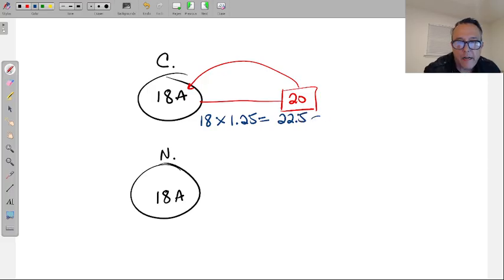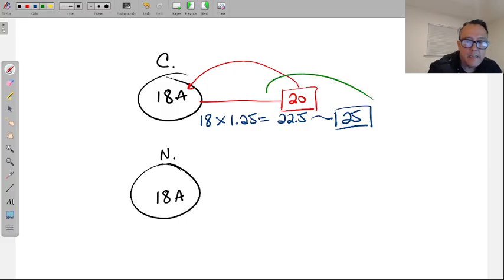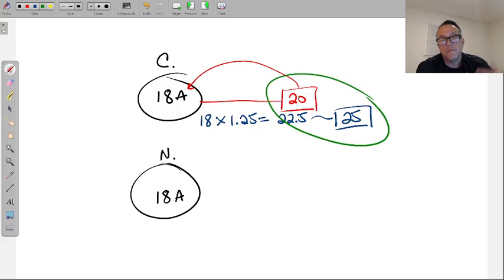And now the breaker that I have to buy is actually a 25 amp breaker, a little bit bigger than 20. So in this circumstance with a continuous load, I would have made a mistake by buying a smaller breaker for this circuit. And yes, that will be caught during an inspection.